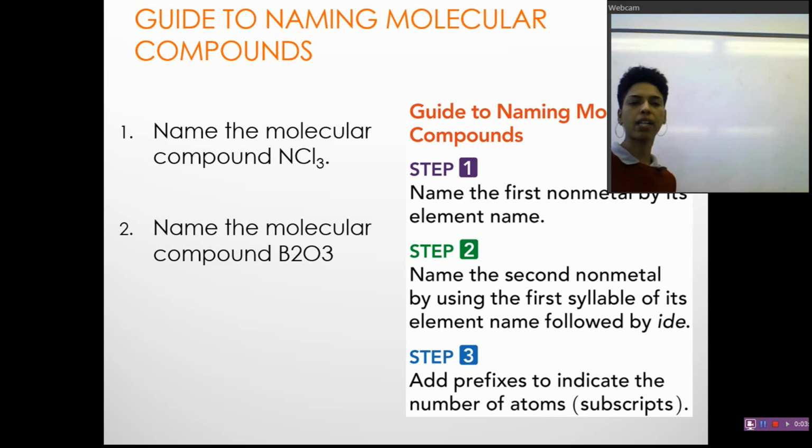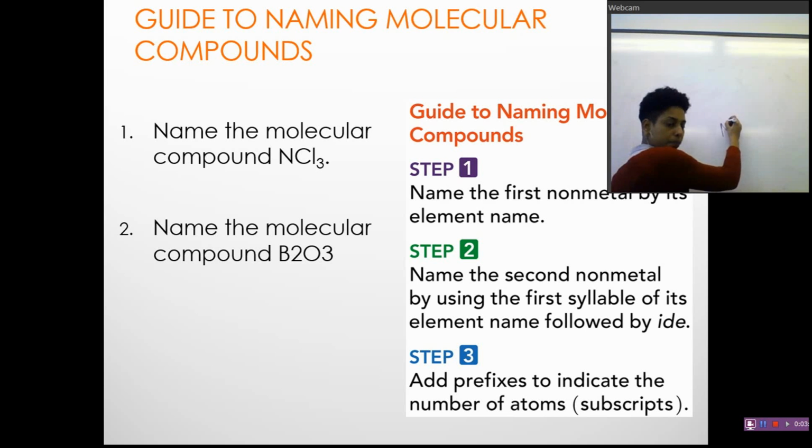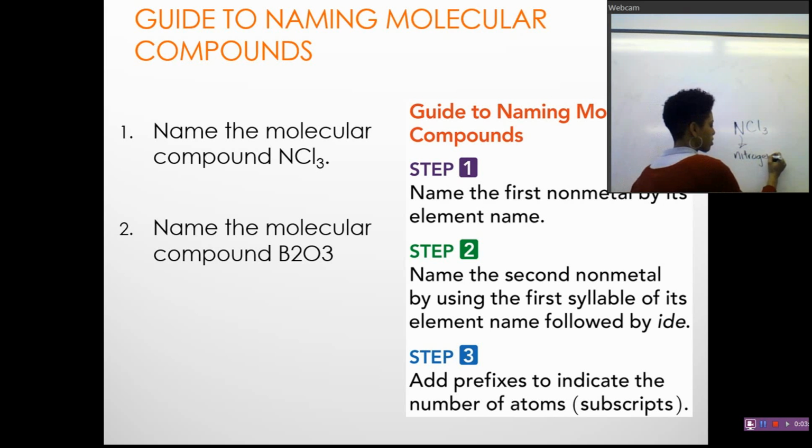Let's try and name these molecular compounds. We have nitrogen and three chlorines. Remember, the first atom, you're always going to give it its name: nitrogen.